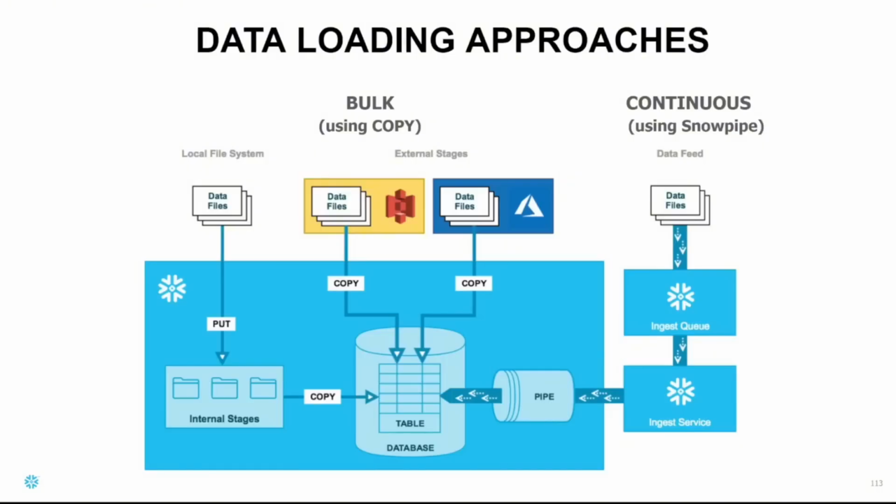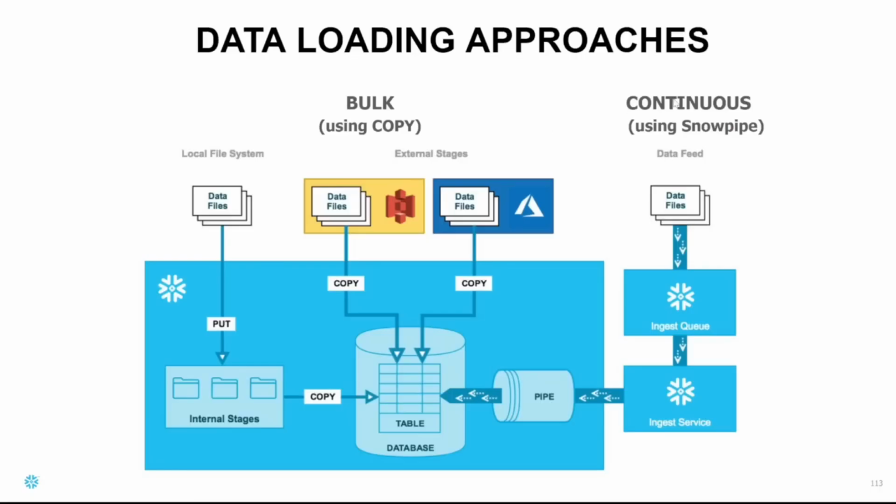The bulk load is going to happen through a copy command from either your local file system through internal stages to a table, or you can do the same bulk operation from your external stage through the copy command to your table. So that's the 2 ways through which you can use the copy command to do the bulk operation.